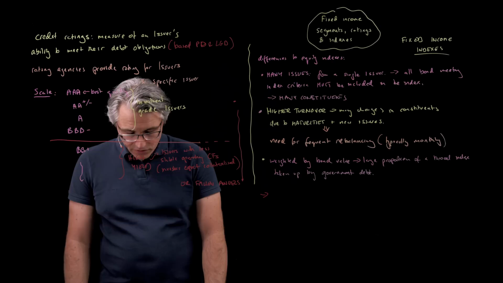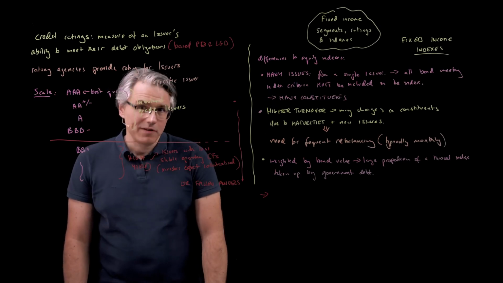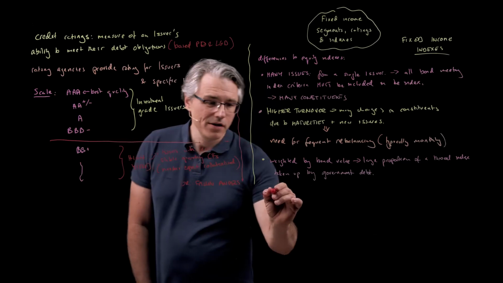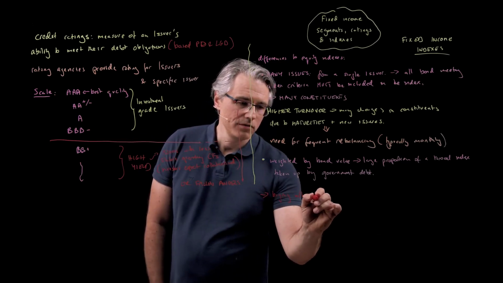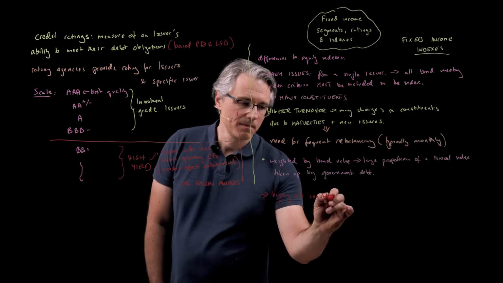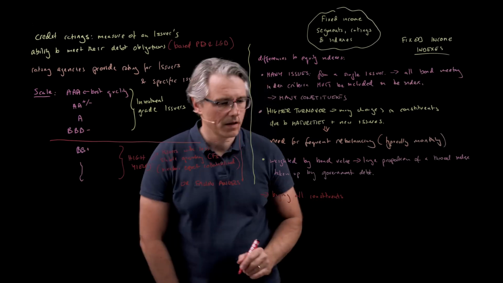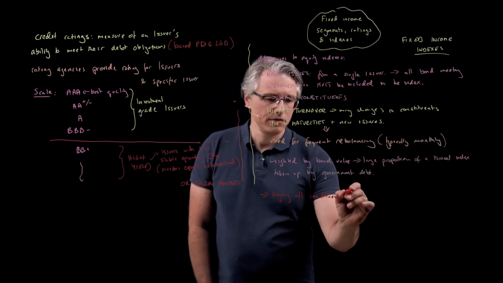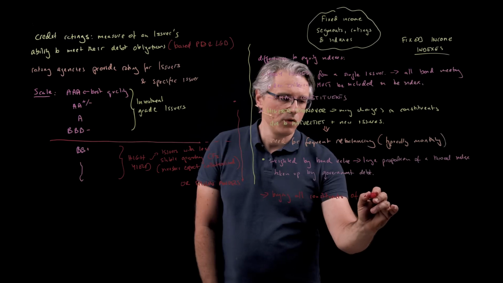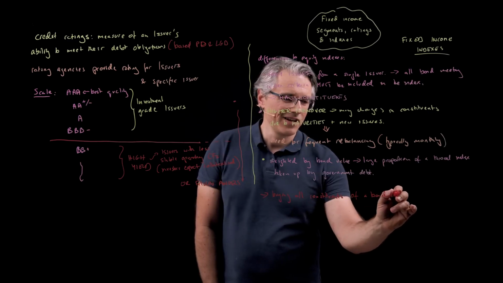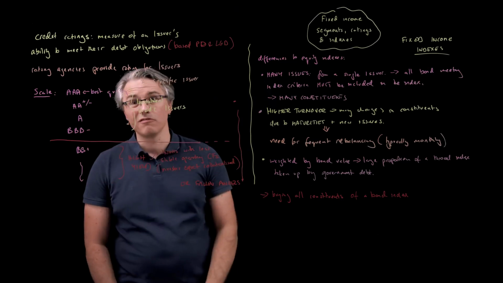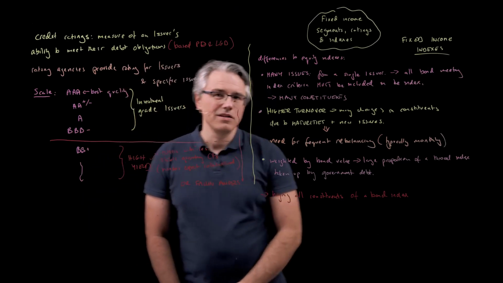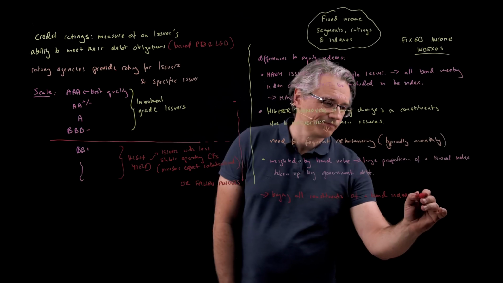However, if you tried to replicate the index by buying all the components, all the constituents of a bond index, given how many such constituents there are, this goes into thousands, it's going to be virtually impossible.